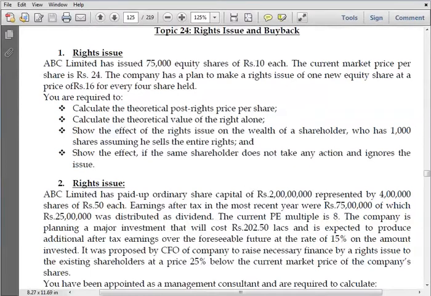Coming to the first part, it says theoretical post rights price. I'll give you the formula and also the logic behind the formula.